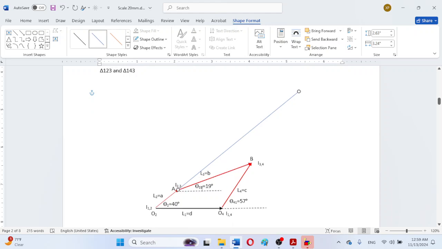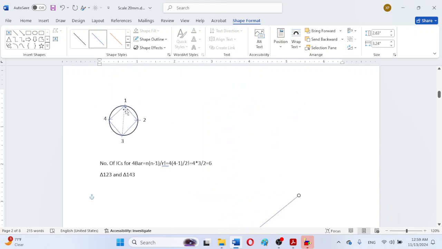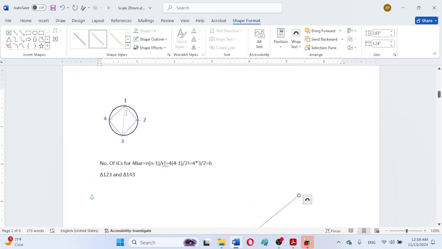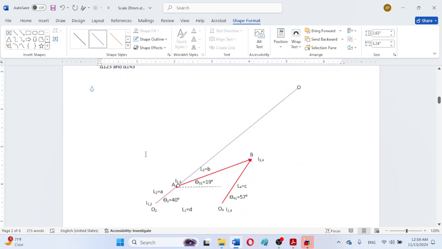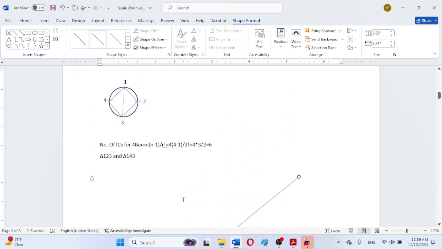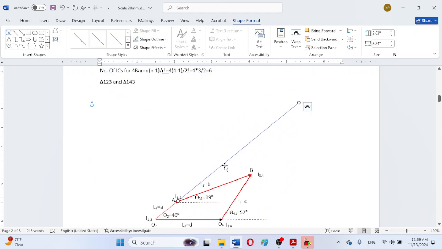The third instant center, which is the common instant center for the combination of link number 3 and link number 1, will also be located on this line.